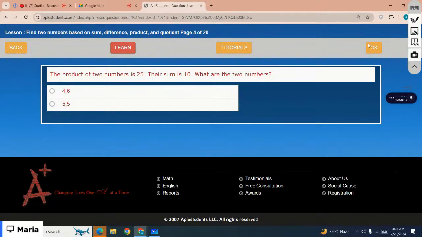Yes, option number 2, it is 5 times 5 is 25 and 5 plus 5 is 10.